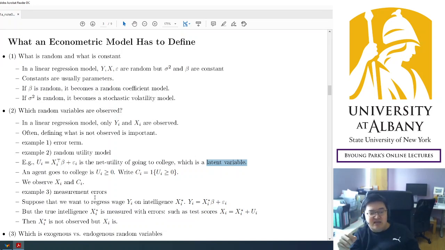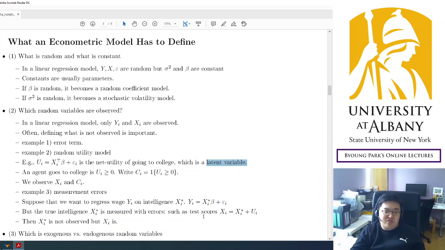So instead of intelligence, we use test scores, your econometrics grade, for example, or IQ scores. Still, whatever test scores you use, it will have some kind of error, randomness. It may not be a correct measure of intelligence.